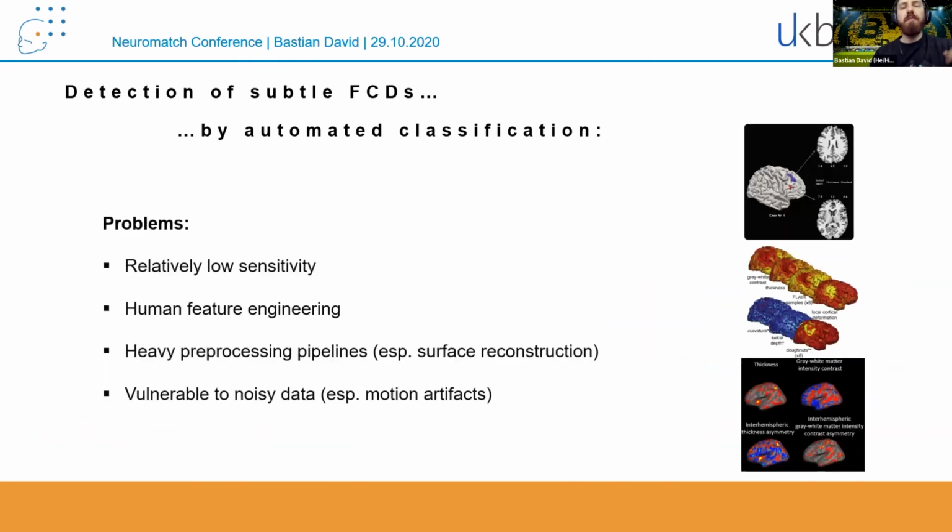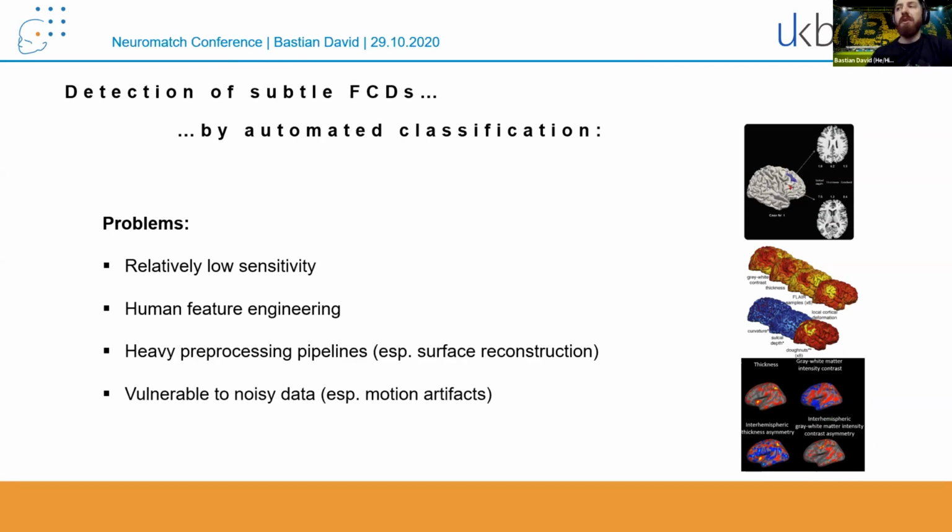Some other problems with them is that the human feature engineering itself is a problem because it might introduce some biases. Also, you have to run the images through some heavy pre-processing pipelines, like, for example, the surface reconstruction, which is always easily flawed. There are often flaws, so you have to manually readjust it and so on. So that's already pretty bad for physicians to do.